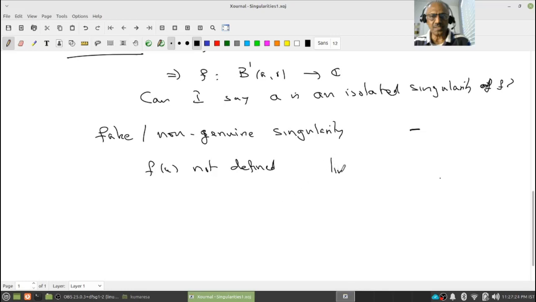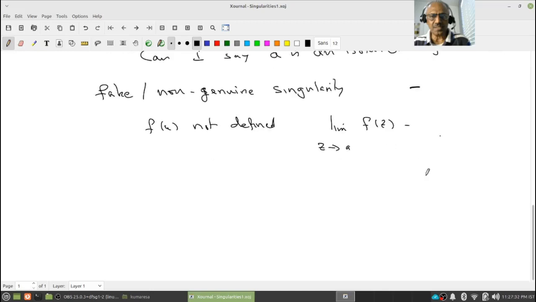One should look for what happens to the limit as z tends to A of f(z). We want to investigate. Is that clear? This is a very natural tendency. Now what can happen? Three things can happen. First, the limit as z tends to A of f(z) exists as a complex number.